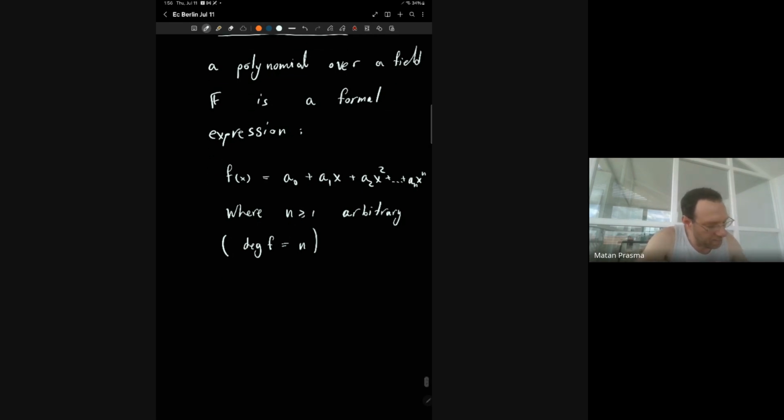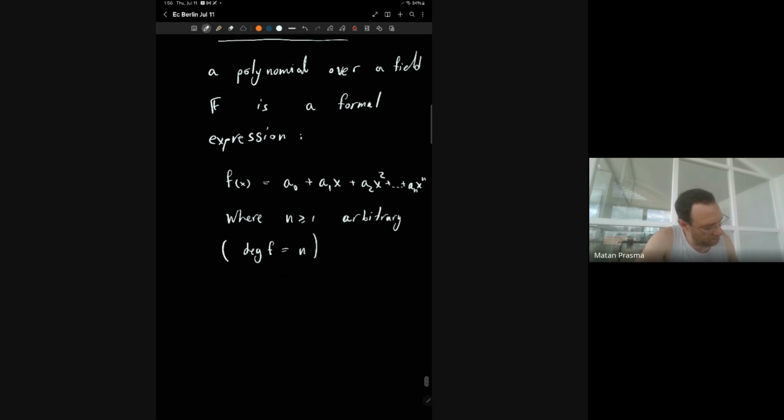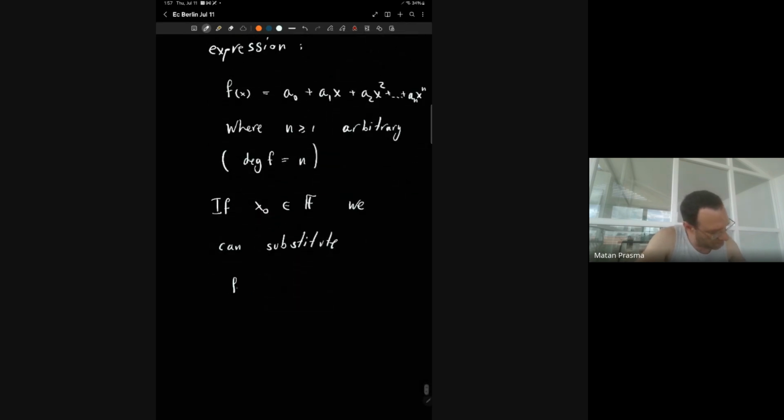And you see what I did here. If, let's say, x0 is an element in F, we can substitute, or evaluate the polynomial at x0, and what we get is a0 plus a1 x0 plus an x0 to the n.